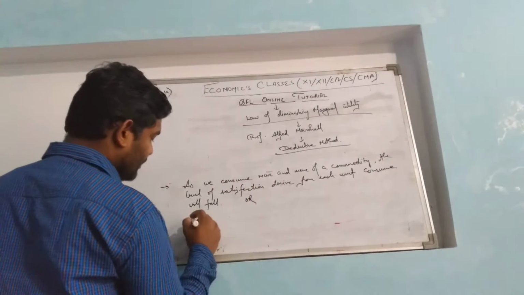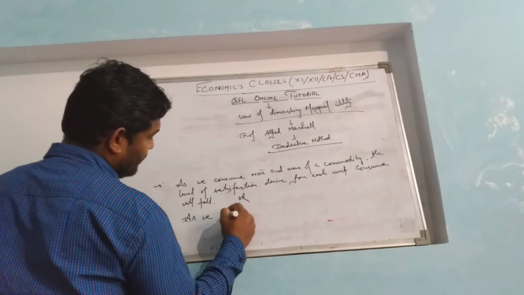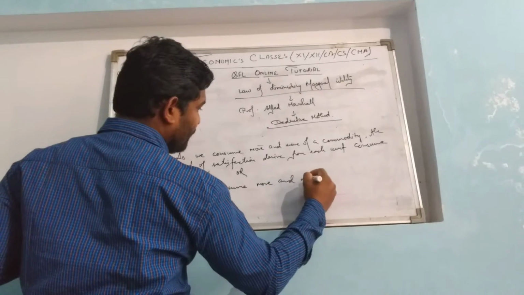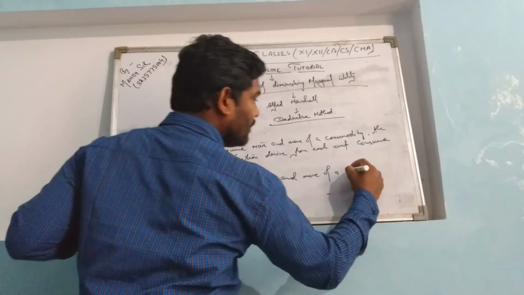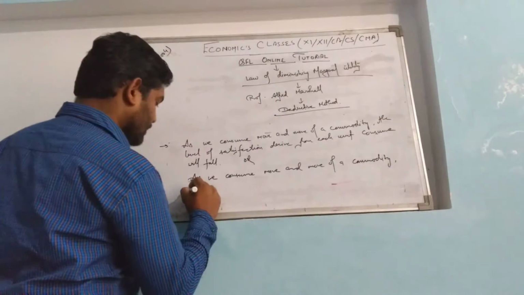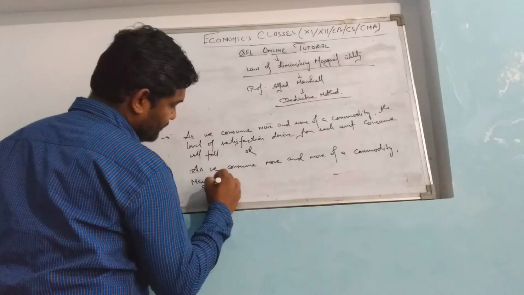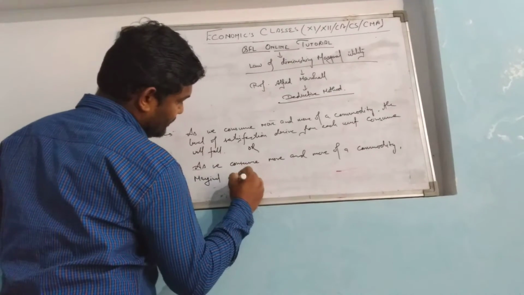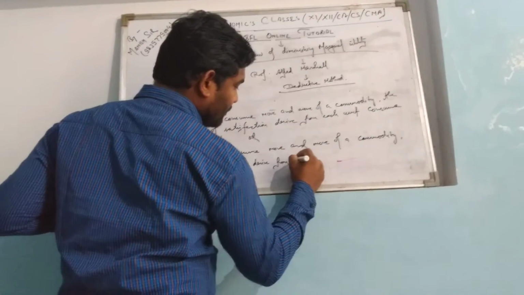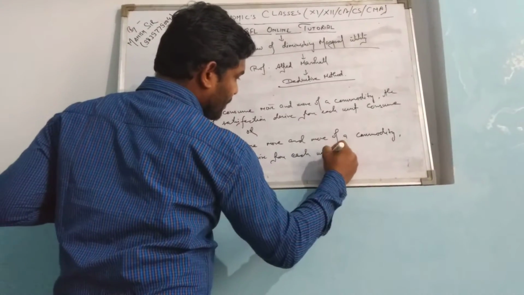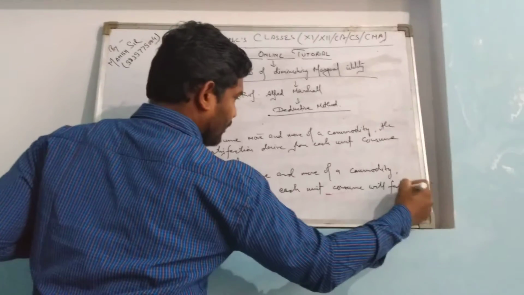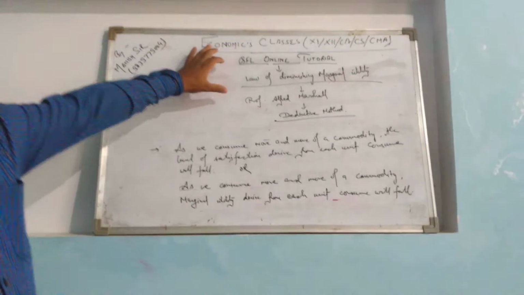Or we can say, as we consume more and more of a commodity, marginal utility derived from each unit consumed will fall.